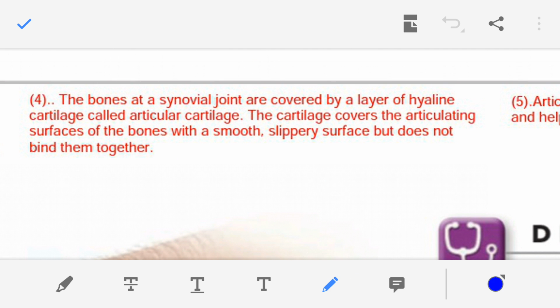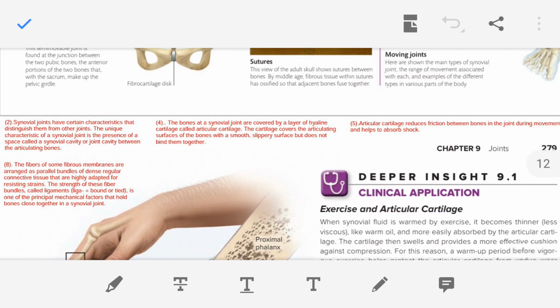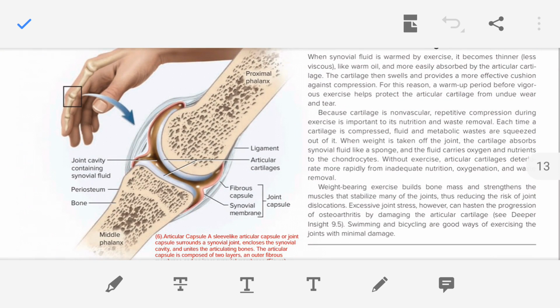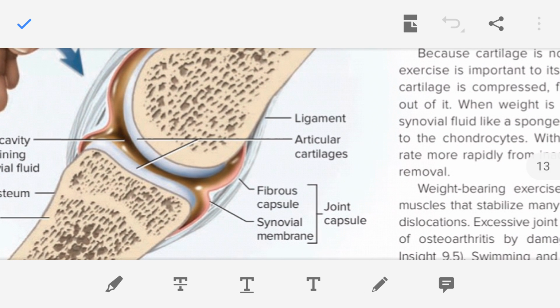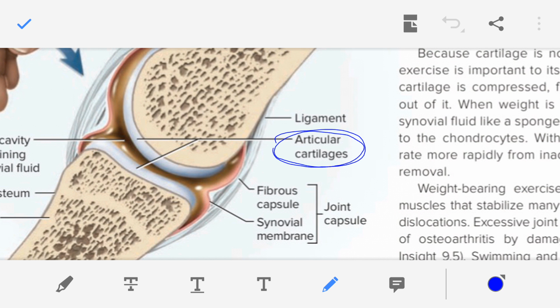Now the articulating bones are covered by a layer of hyaline cartilage, and that layer of hyaline cartilage is known as the articular cartilage. So here in the figure you can see these are the two articulating bones, and with this gray color the top surface of the bone is covered by articular cartilage.